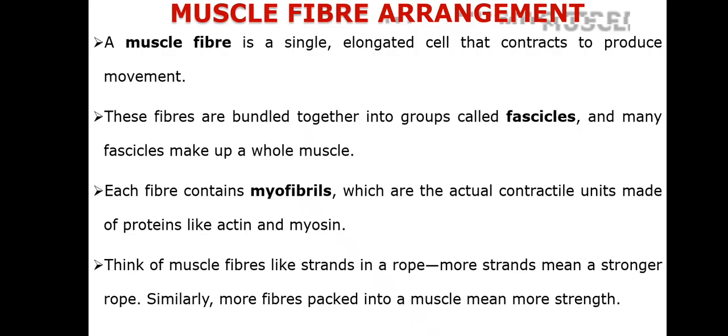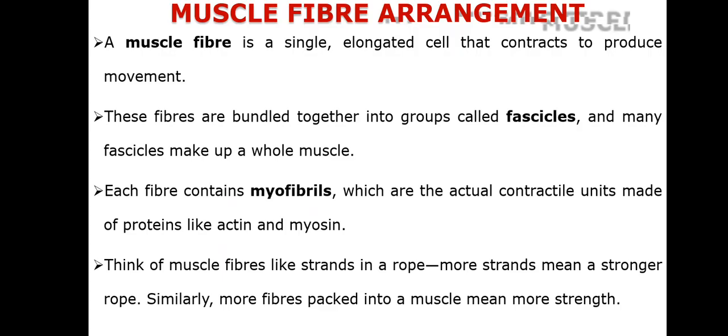Okay? So if I say each fiber, I mean each muscle cell. Each muscle cell contains what we call myofibrils, which are the actual contractile units made of proteins like actin and myosin. Remember, in physiology, the muscle contraction coupling mechanism is brought about due to actin and myosin.